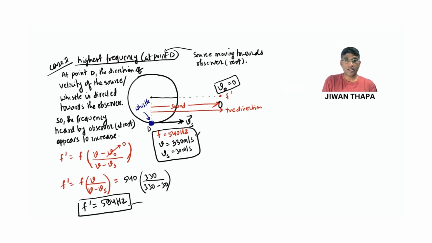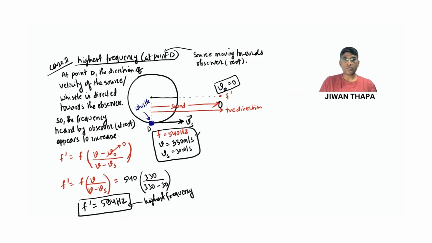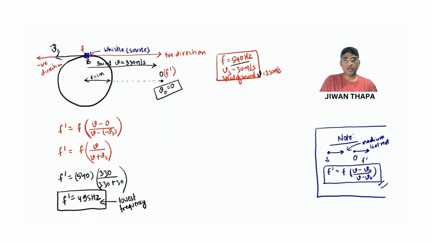This is the highest frequency. Now the minimum frequency is 495. Lowest frequency equals 495 hertz.